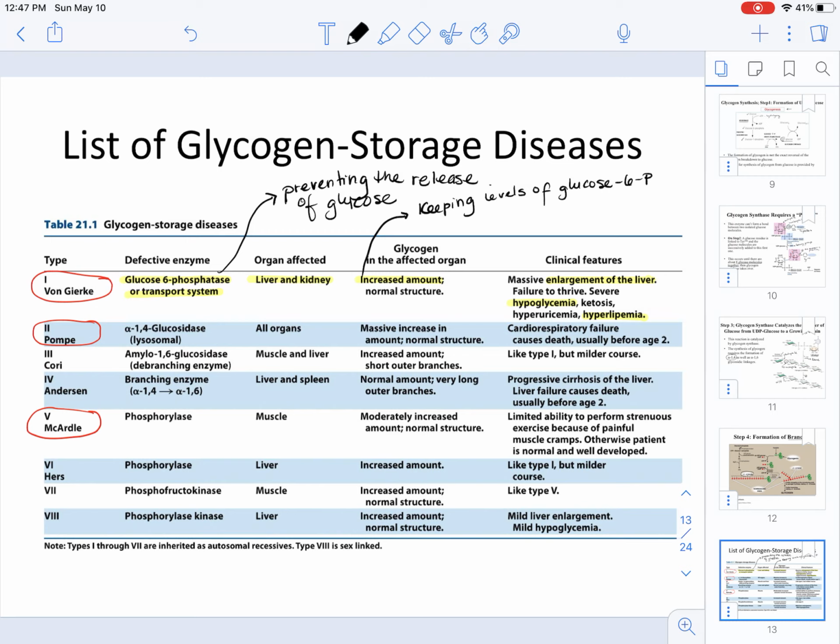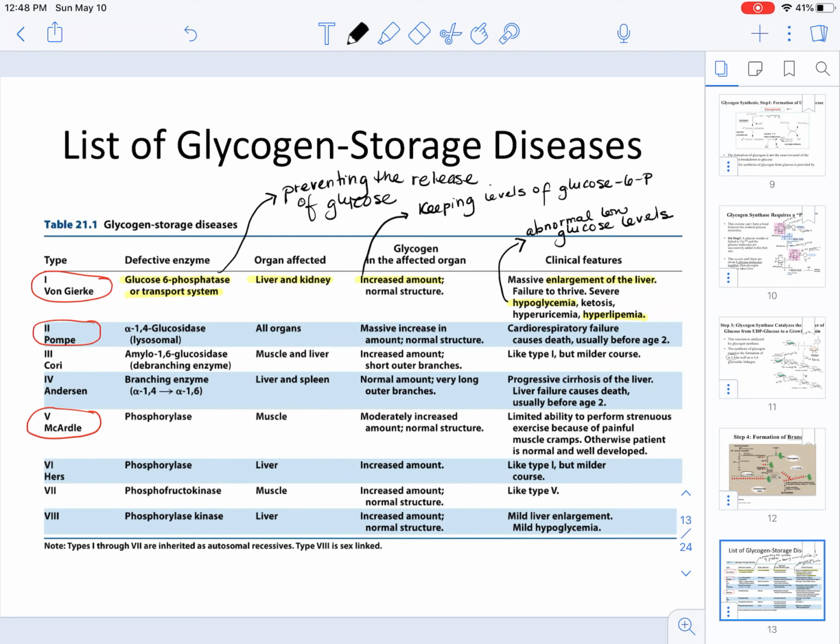So that's why we have an increased amount of glycogen. Now, why is it that even though we have increased amounts of glycogen, this person is hypoglycemic? And remember, hypoglycemia means that this person is going to have abnormally low glucose levels.